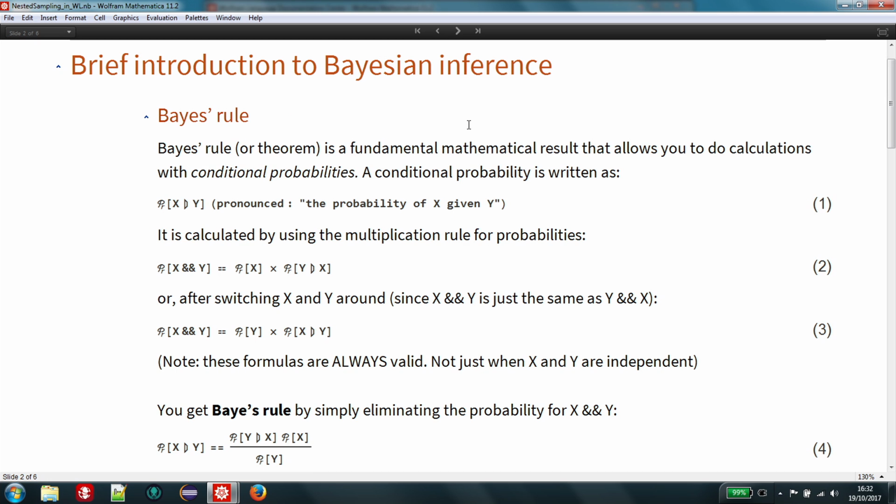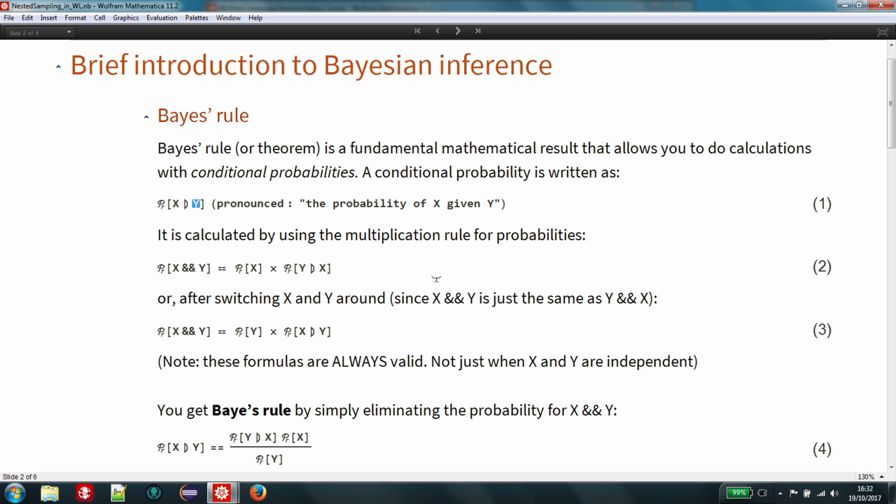Okay, a very brief introduction to Bayesian inference. Bayesian inference is based completely on conditional probabilities. A conditional probability is just the probability that X is true given that you know that Y is true.